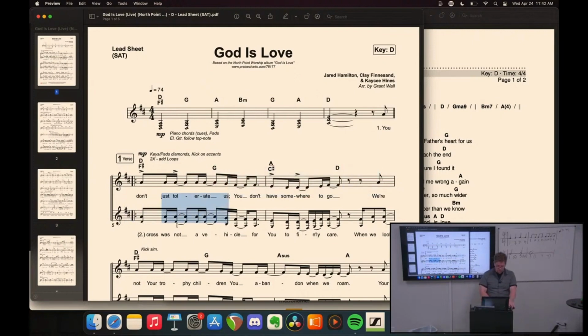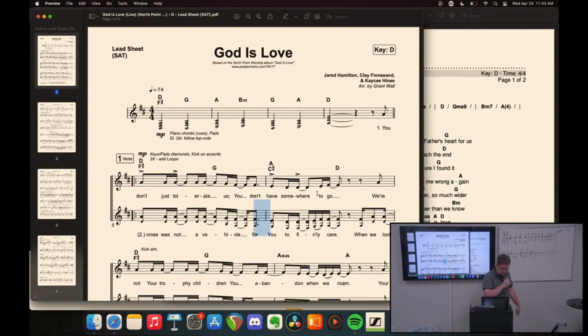So that's got some notes with 2 flags on them, some notes with 1 flag on them. We have these little lines that are connecting some of these together. And then over here at the end, when we get to for you to finally care, or you don't have somewhere to go, we can see that there's one with a dot on it. So all these different things are ways that we can learn our rhythms in advance.